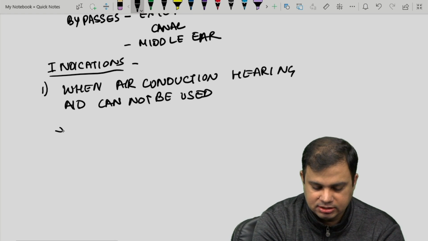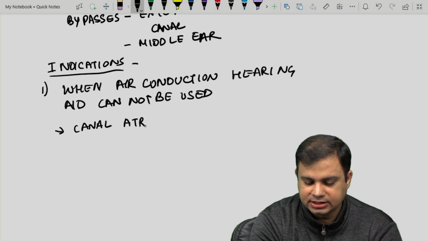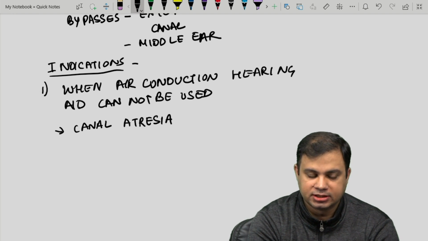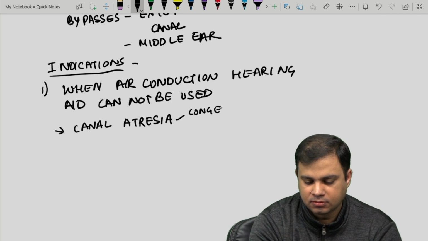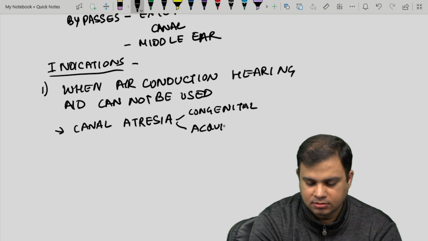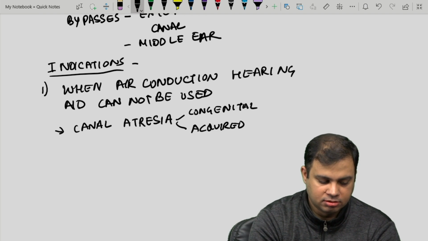When there is a canal atresia, that means the canal has not developed and there is no lumen in it. So, canal atresia can be congenital or it can be acquired and it is not amenable to treatment.